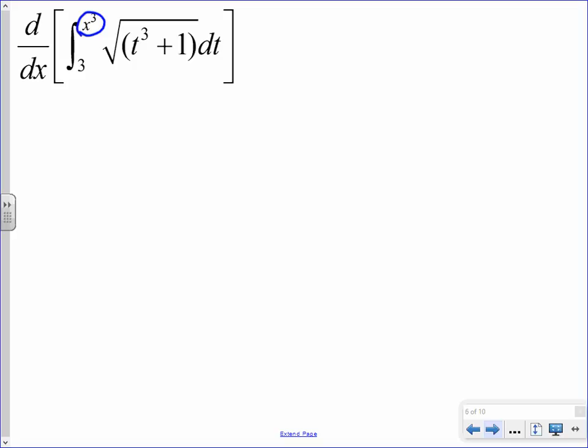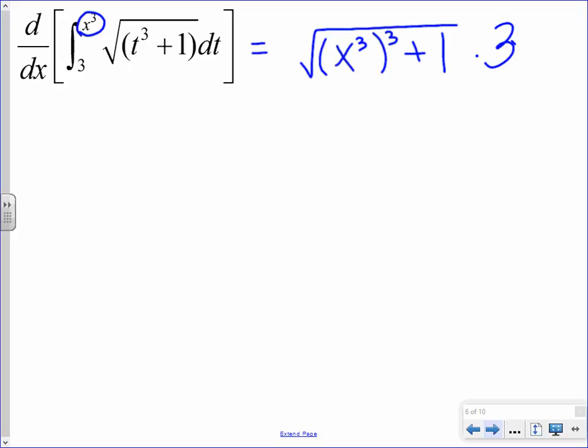So since we have an x cubed there, first of all, we need to replace t with x cubed. But then we have to consider we're taking a derivative and we have an x cubed. We would usually have an x on that limit of integration.